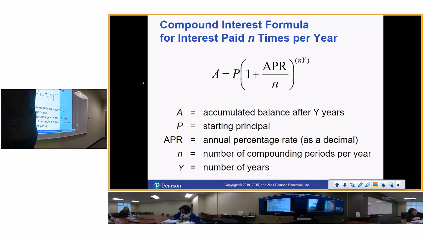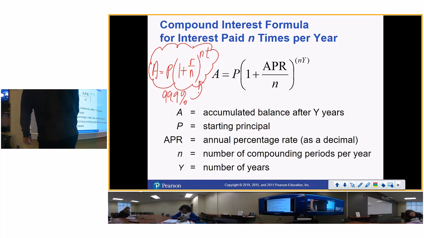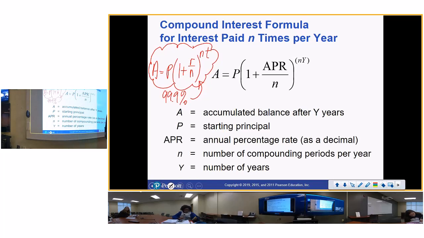And like all the other books, A is equal to P times 1 plus r over n raised to the nt power. And again, I'm going to say that 99.9% of any math book or business book is going to use that formula.